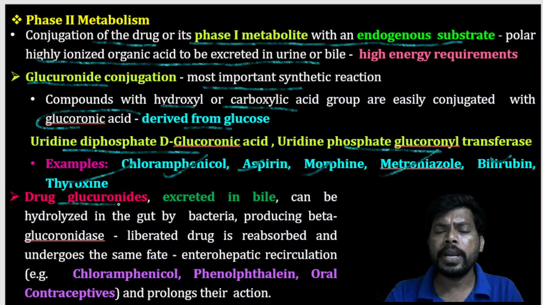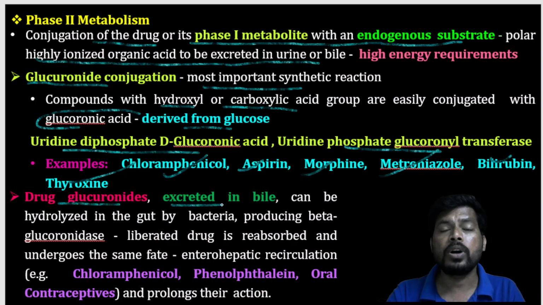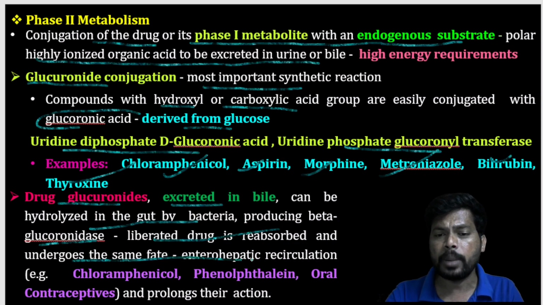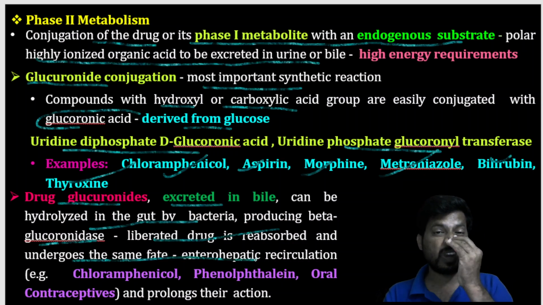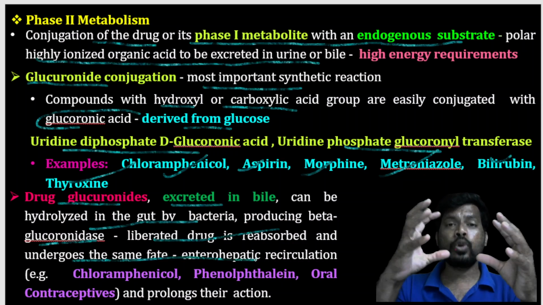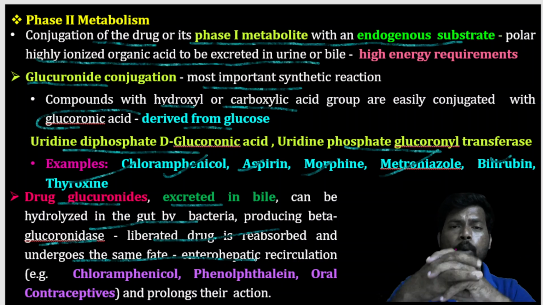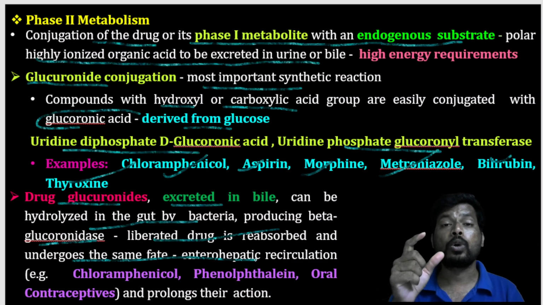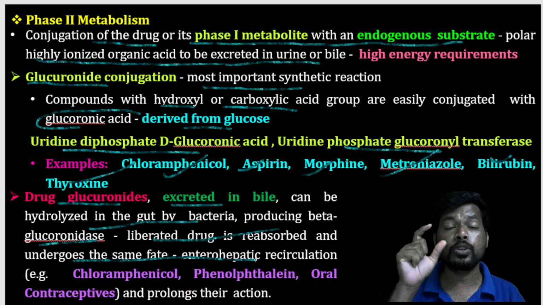Drug glucuronides excreted in bile, because of their large molecular weight, can be hydrolyzed in the gut by bacteria producing beta glucuronidase. The liberated drug is reabsorbed and undergoes the same fate, that is enterohepatic recirculation. So what is happening here: exogen and endogen form a complex through glucuronidation. The glucuronide metabolites pass to the bile.